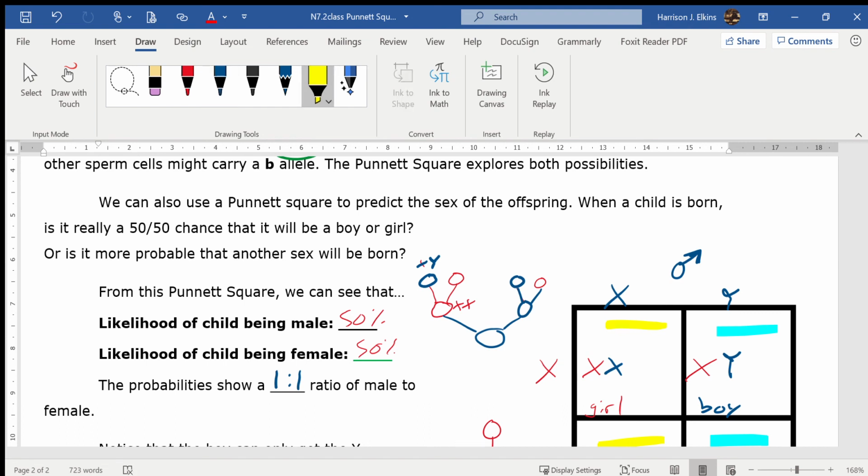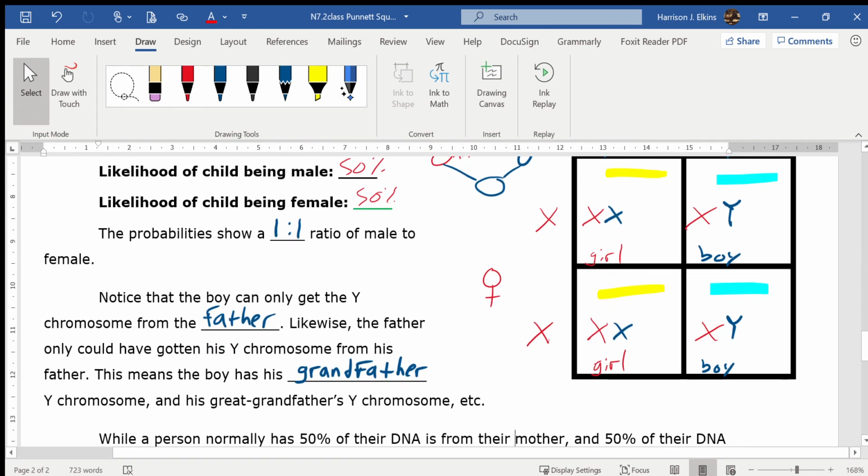So that means that this Y chromosome is never going to be passed on to the grandson. So if that father only has daughters, his Y chromosome will cease to be passed on, which is kind of sad. Aw, it's fine. Which is super weird.